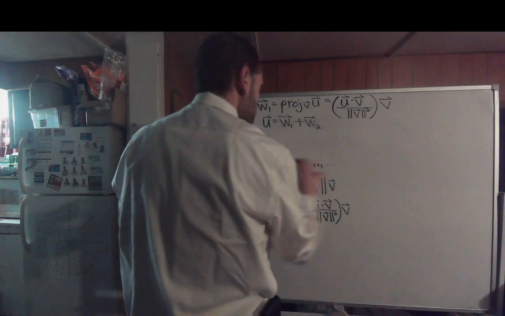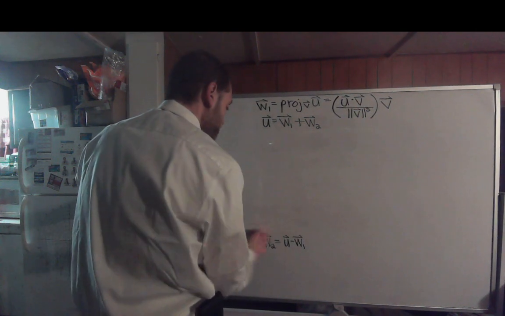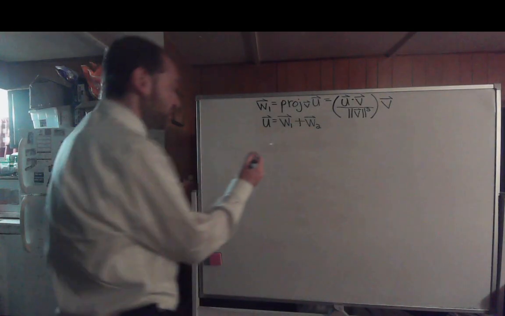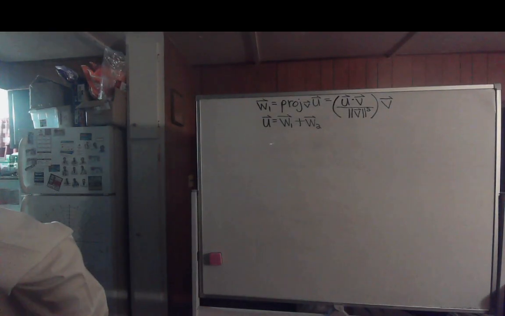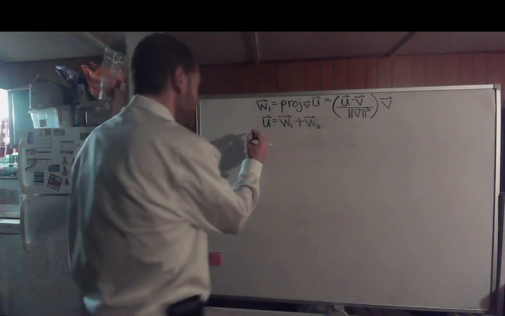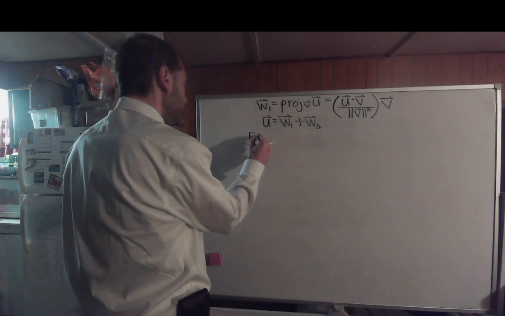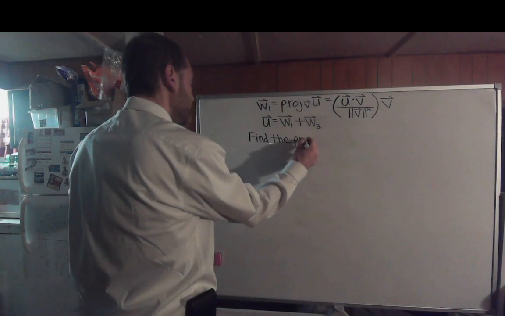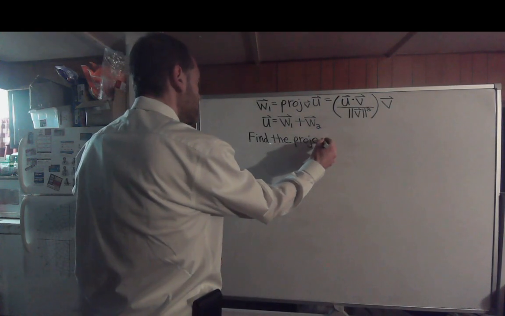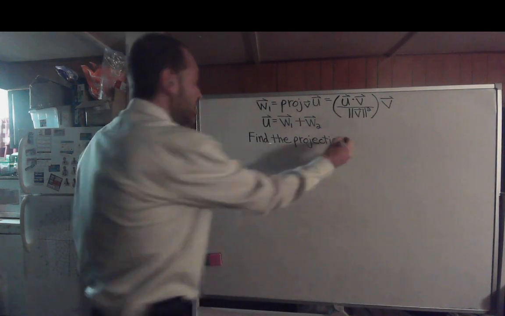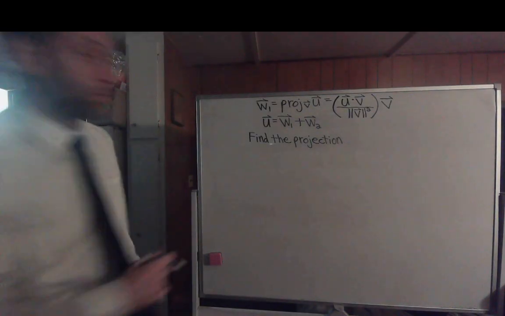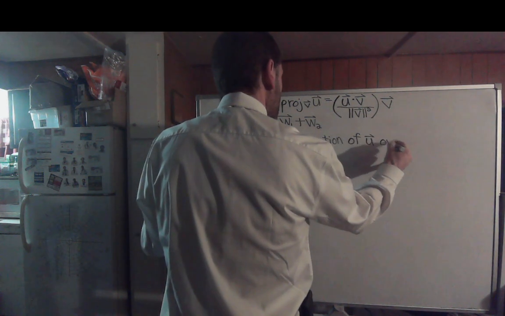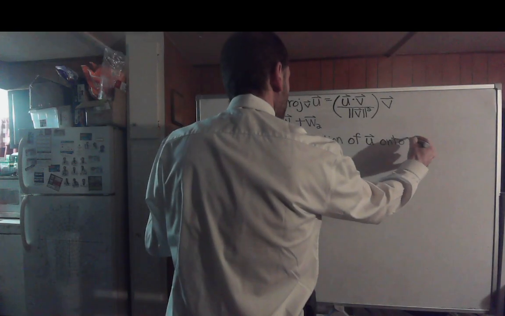Alright, so let's get started here with a few examples. Now, what they're going to tell you to do is find the projection of vector u onto vector v.